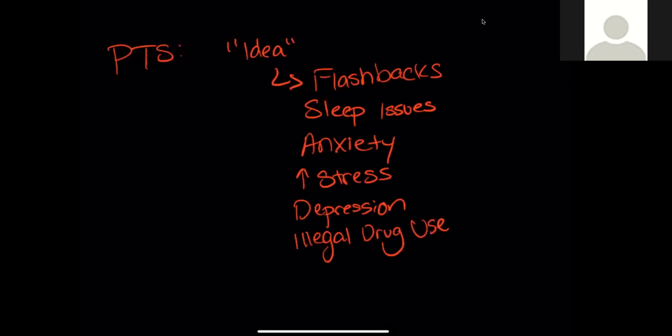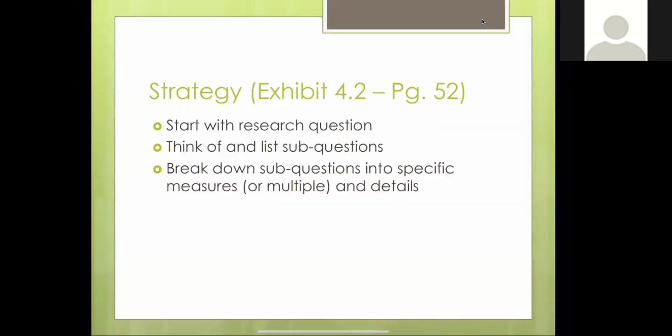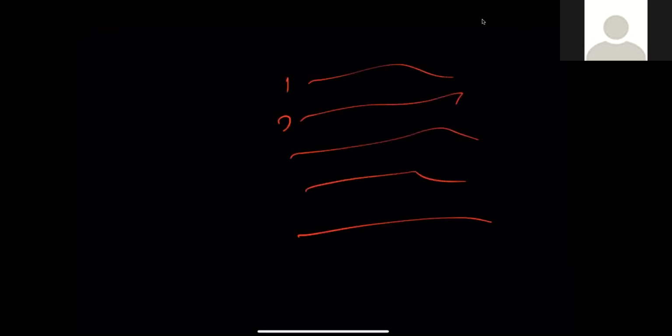We might see greater than average legal drug use, so over-medicating, self-medicating, taking multiple pills a day when you may not necessarily need to. And so you can have this list of different things. We've got all these different characteristics we're coming up with for post-traumatic stress.